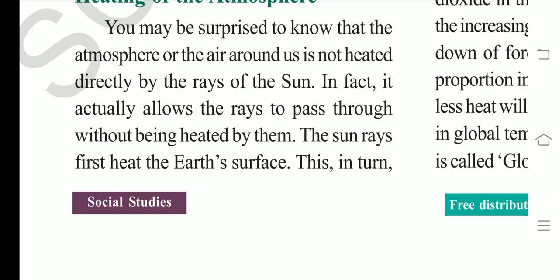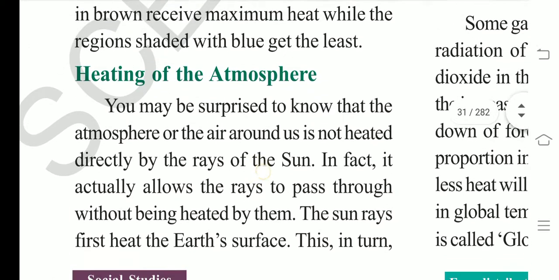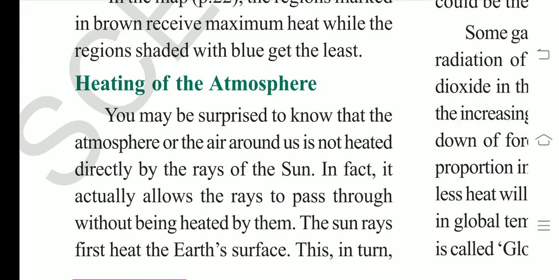After becoming hot, the earth radiates that heat into the atmosphere. In that way, the atmosphere becomes hot. So you need to understand that the atmosphere is heated by terrestrial radiation, that is the earth's radiation.